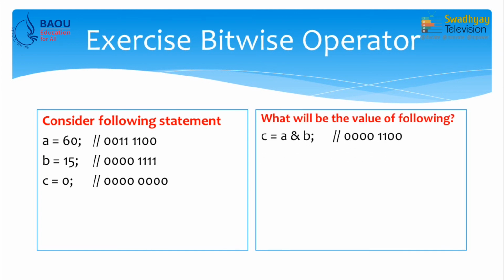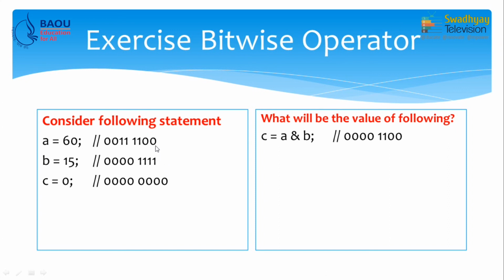So, we first perform the AND operation. Here we have already discussed the truth table of A and B. We start from the leftmost digit.